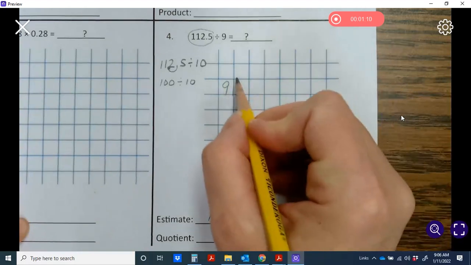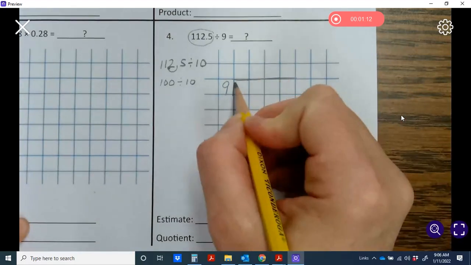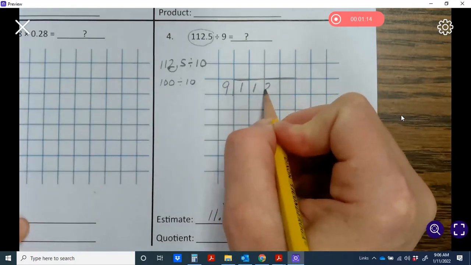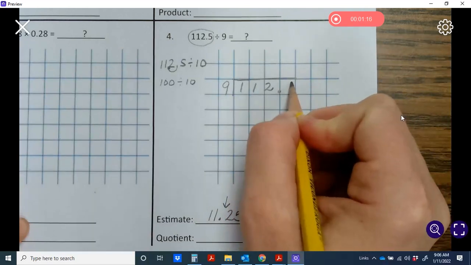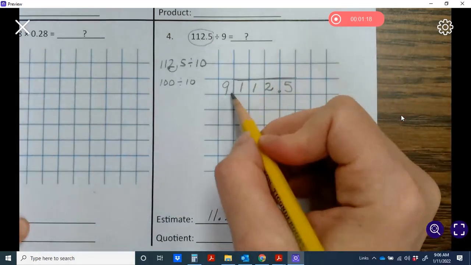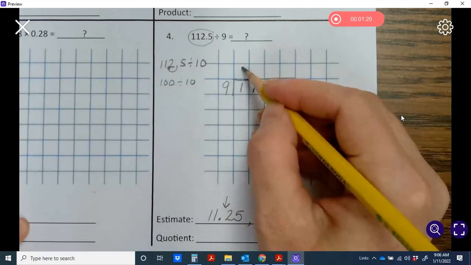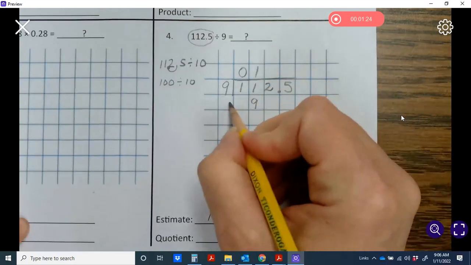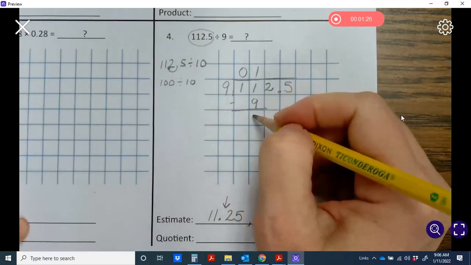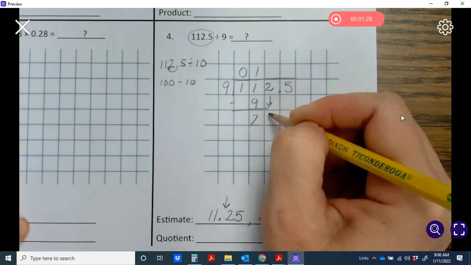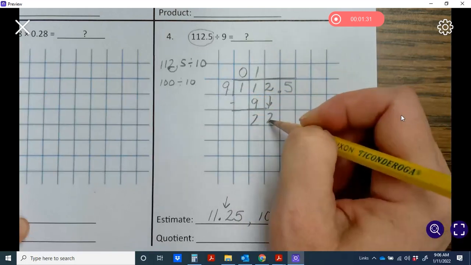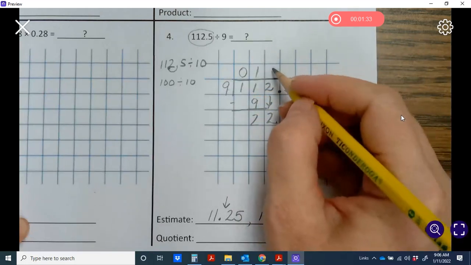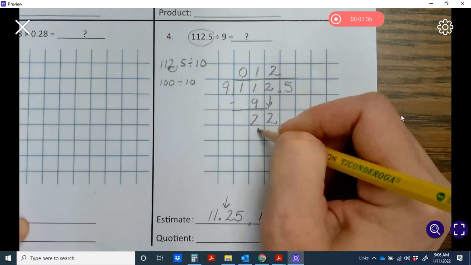9. We're going to do an exact answer. 112.5. Okay, so 9 is not able to divide 1. It can divide 11 1 time, which is 9. Subtract 9, 10, 11 is 2. Bring down the 2. 9 goes into 22 twice, which is 18.